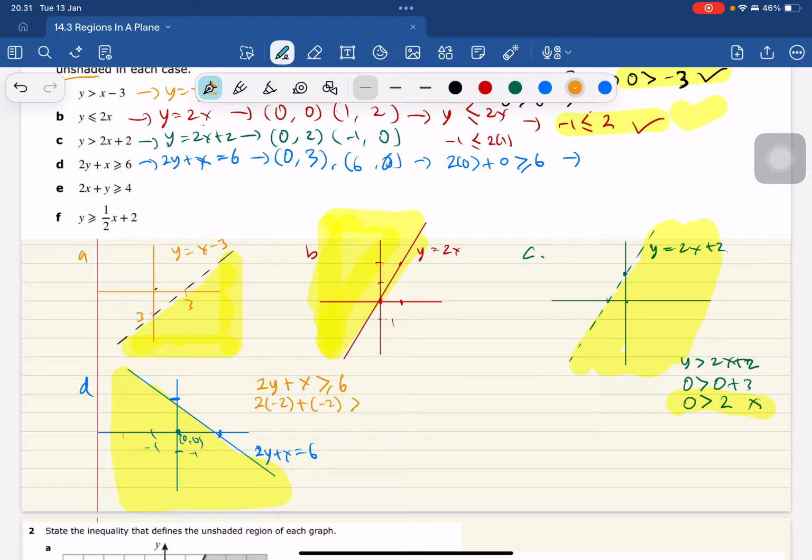So 2 times minus 2 is minus 4, plus minus 2, so minus 6 bigger than or equal to 6, which does not satisfy the inequality. So this is the unwanted area.